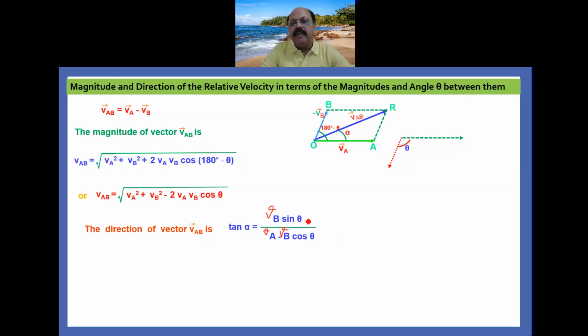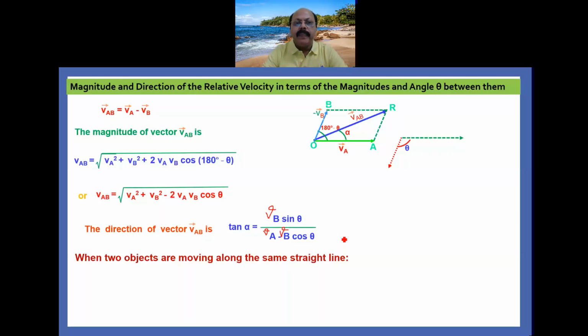So sin(180 minus theta) is sin theta and cos(180 minus theta) is cos theta. By this expression, we can find the direction of the VAB vector, that is, the direction of the relative velocity of object A with respect to object B.